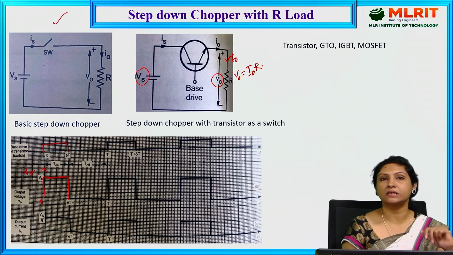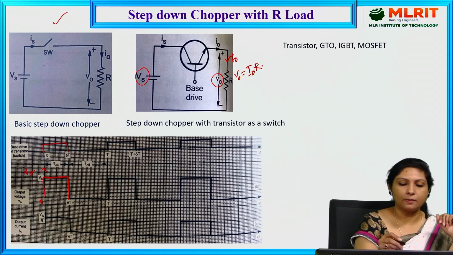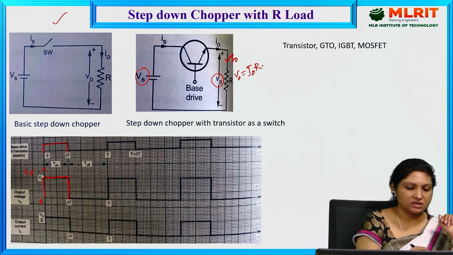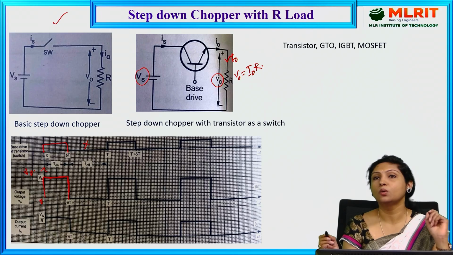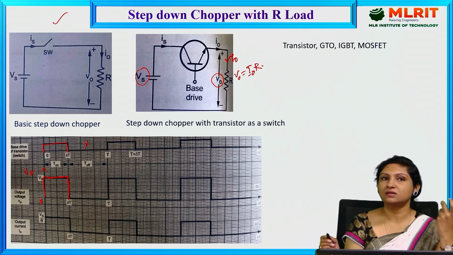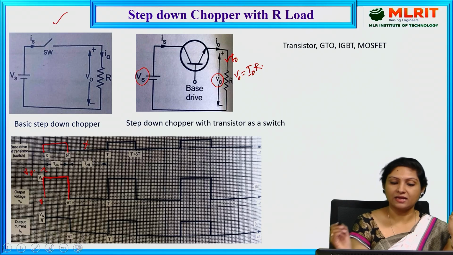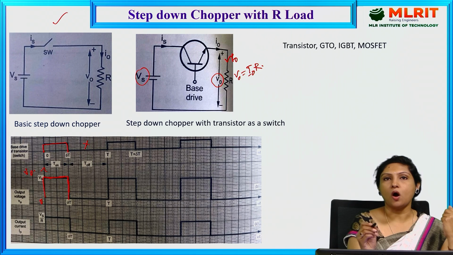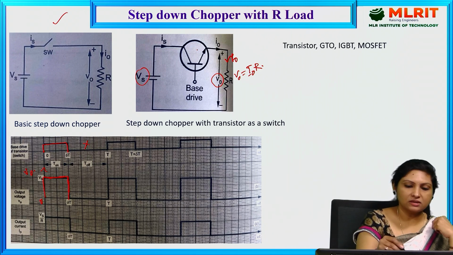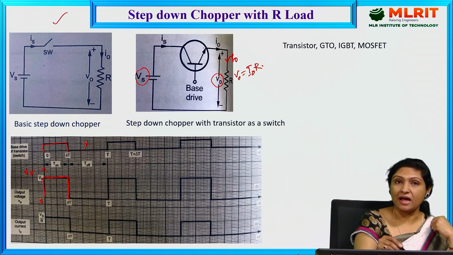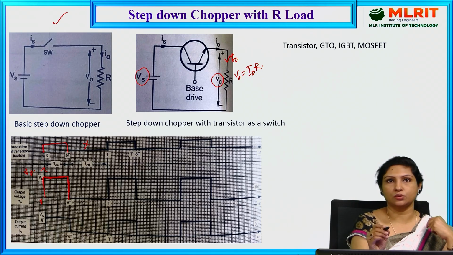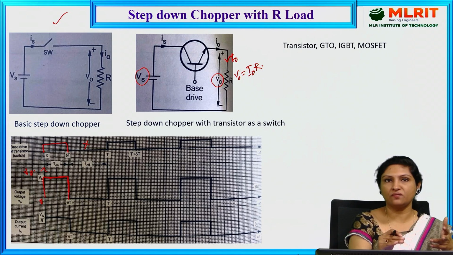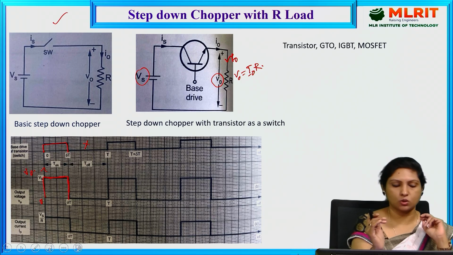And the moment it reaches delta T, what happened? We are withdrawing the base drive, and there is no base drive provided for the transistor, so the transistor will be turned off, and that is how there will be no output voltage. Since the transistor acts as an off switch or open circuit, whatever the supply voltage which we are feeding will not be applied across the load.